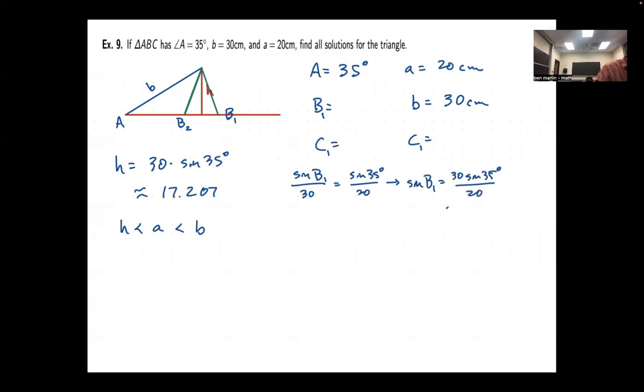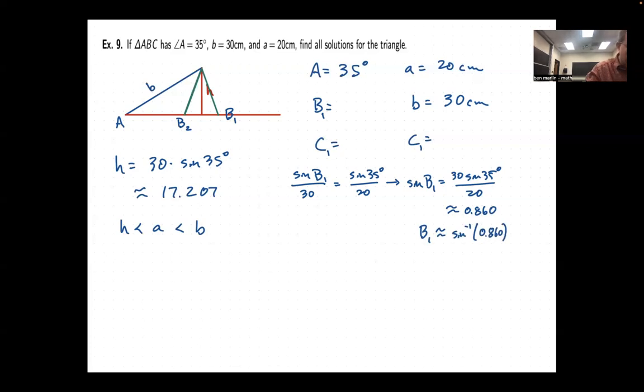Okay. And I'm going to get an approximation on that. And then I'm not going to clear my calculator. Okay. So typing that in, I'm getting about 0.860, right? Don't clear your calculator because you're going to get your B1 by doing the inverse sine of what you've got there.